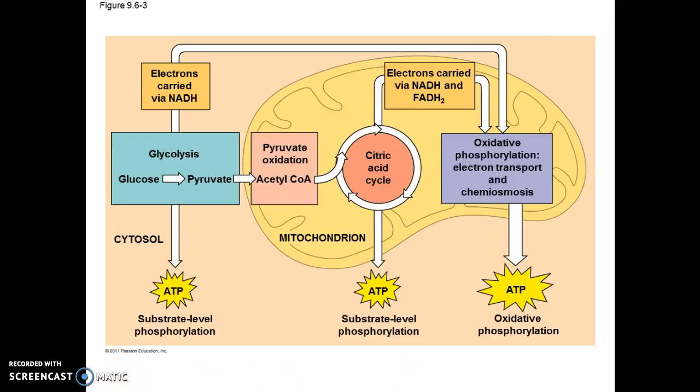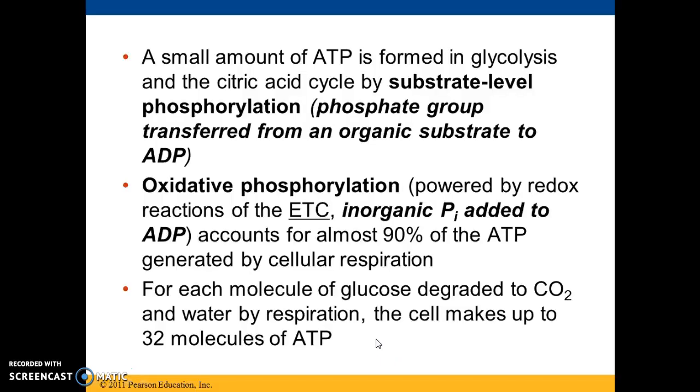This diagram also hints that there are two main ways to make ATP. In glycolysis and the Krebs cycle, we can see that ATP is generated by substrate level phosphorylation. And what that really tells us is that the phosphate group is being transferred from another organic substance.